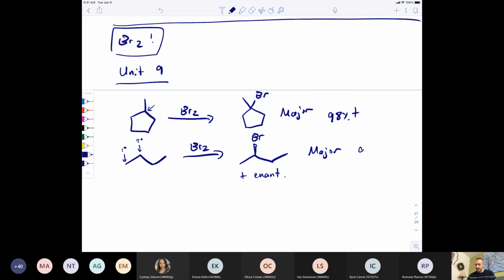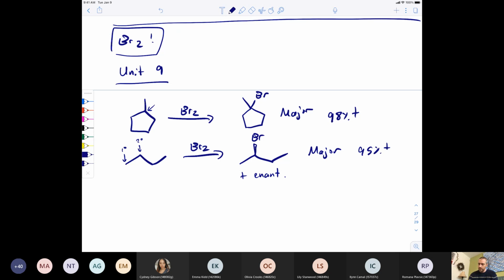And again, this is going to be like 95% plus. So it'll react with secondaries if that's the best choice it has. And I guess it'll react with primaries too. The only example I can think of that has only, well, that's not the only example I can think of. I can think of a few.